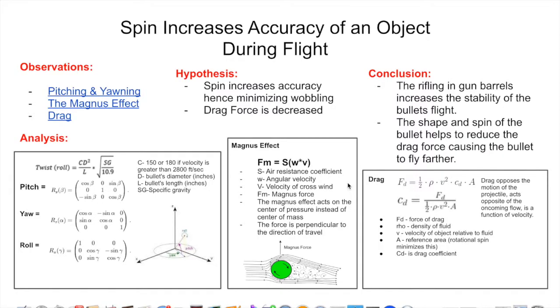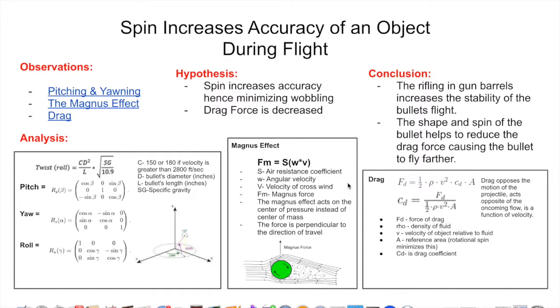From the video you just saw, you could see that a bullet with a rotation on it causes it to be more accurate. One force that comes into play is the Magnus force, and this is due to a crosswind as the bullet is going through the air.